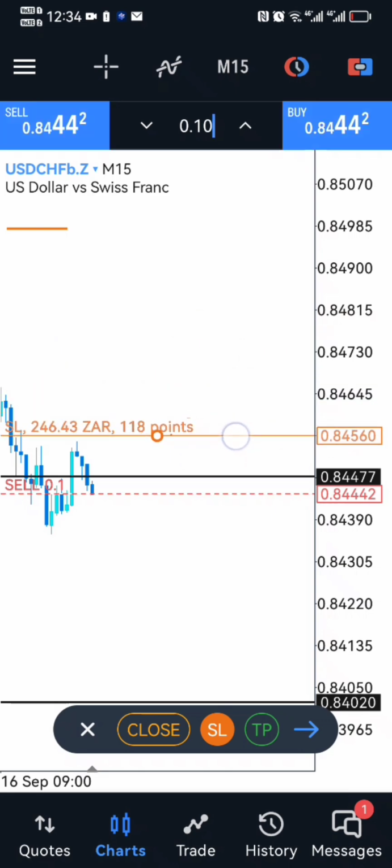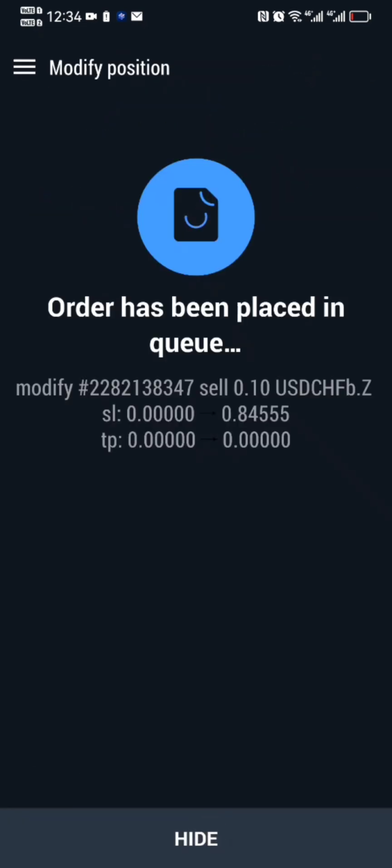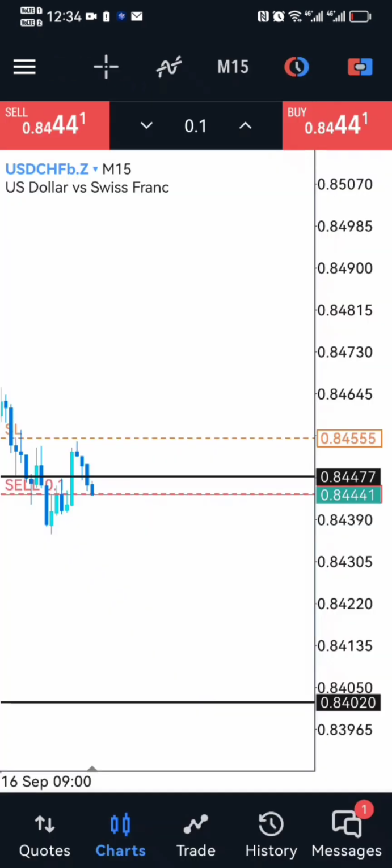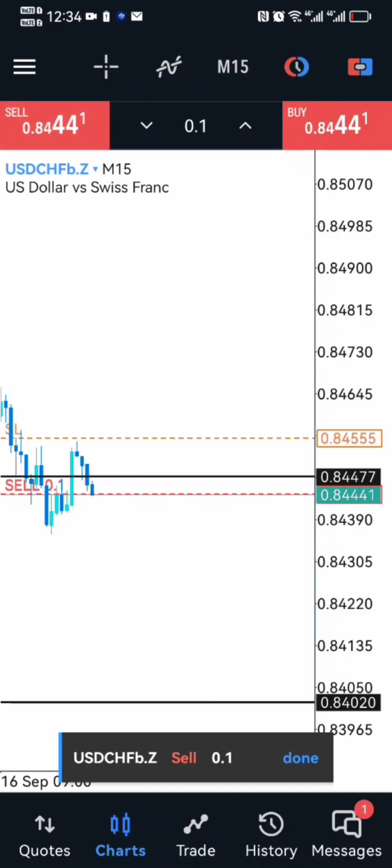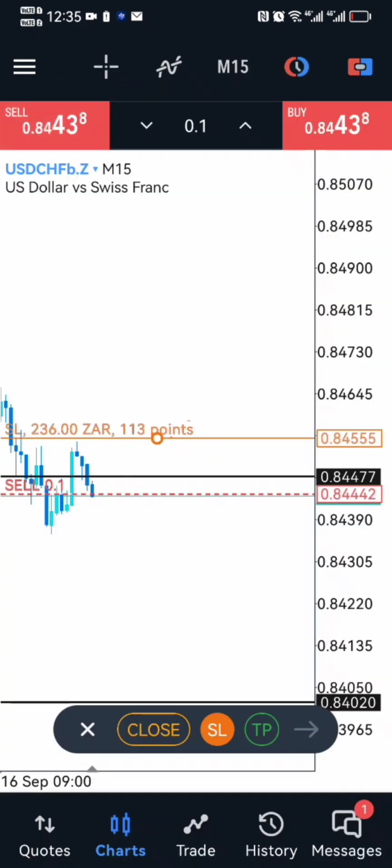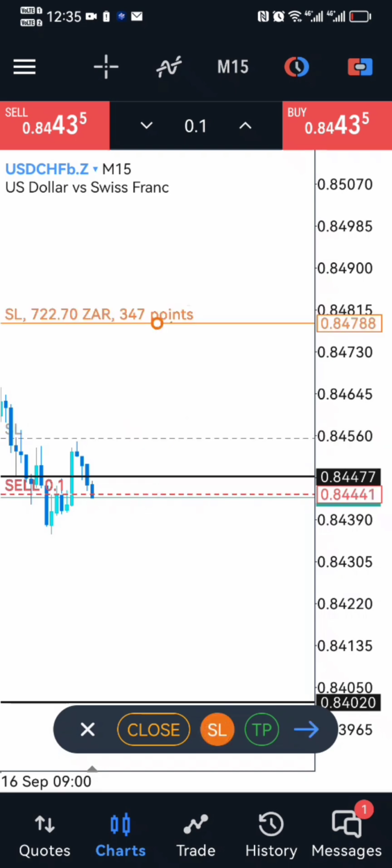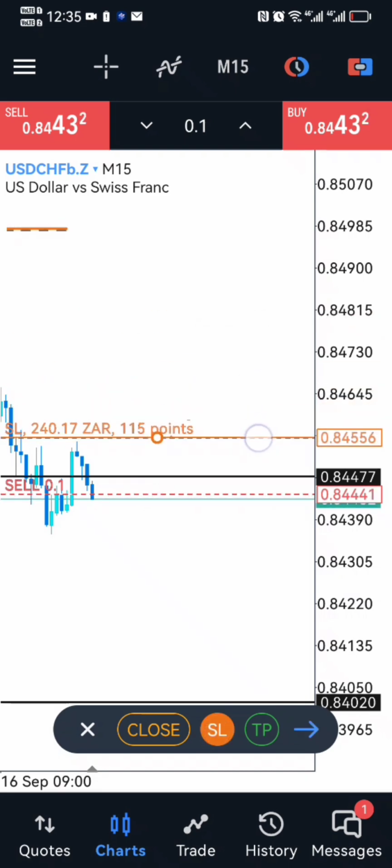This is going to be the stop loss right there, and let me open two because I see the risk allows.